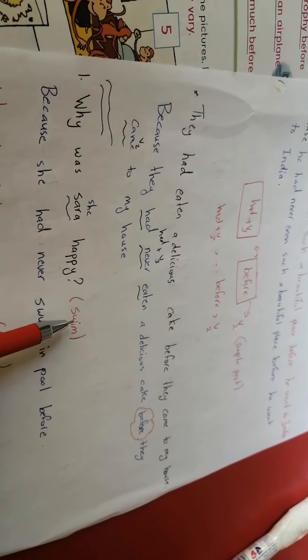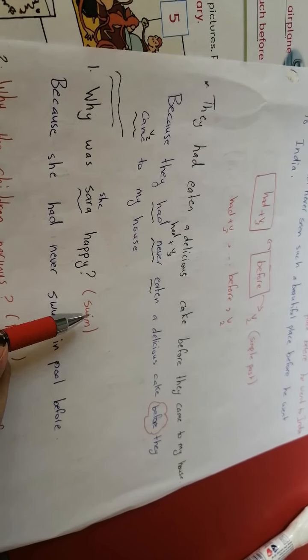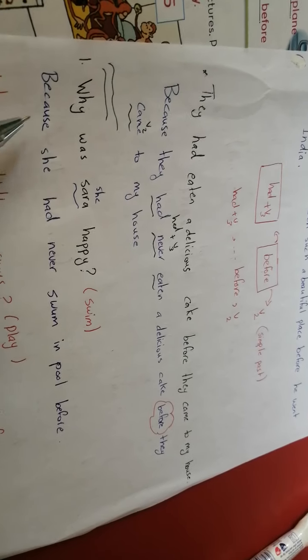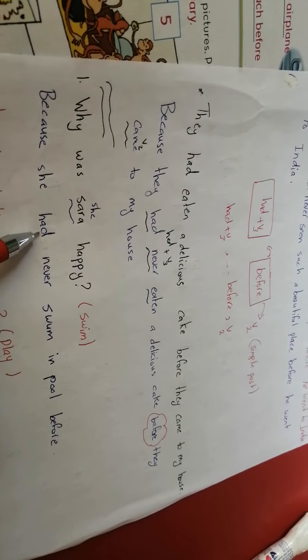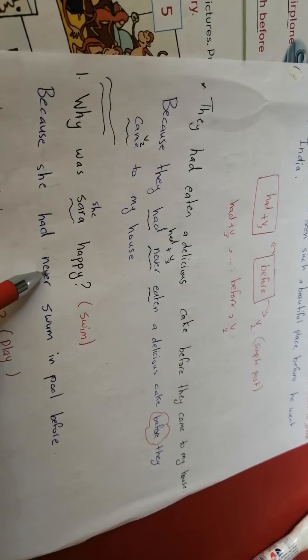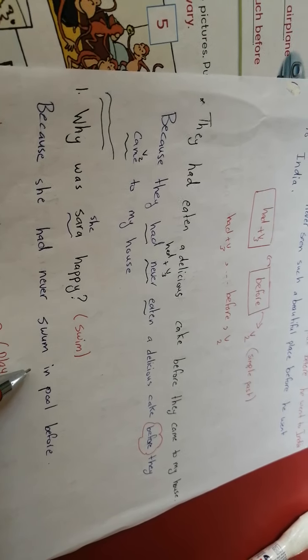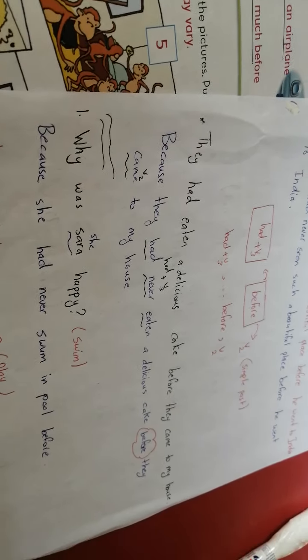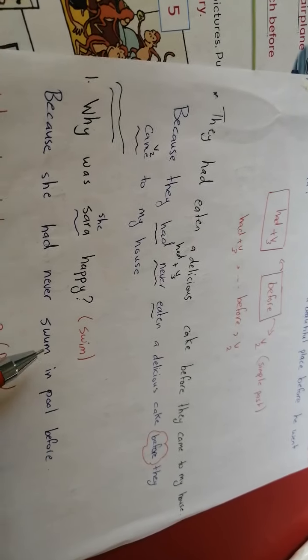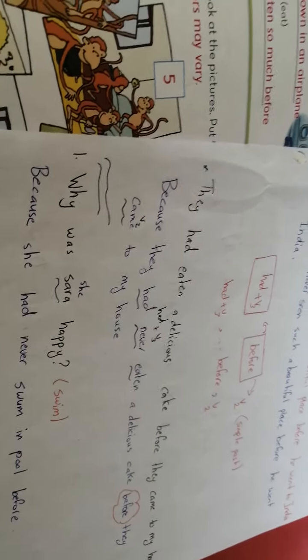Again, why was Sarah happy? We use the verb swim. Because she had never swum in a pool before, because she had never swum in a pool in her life. Never goes between had and verb 3.